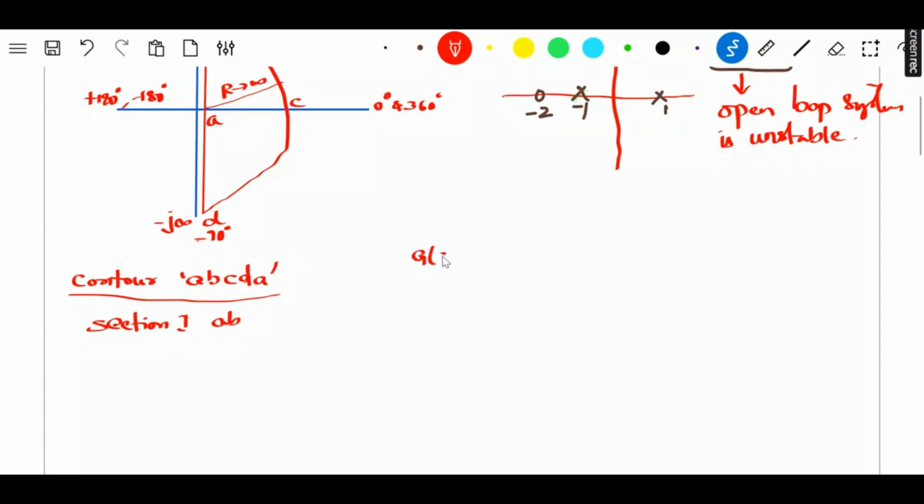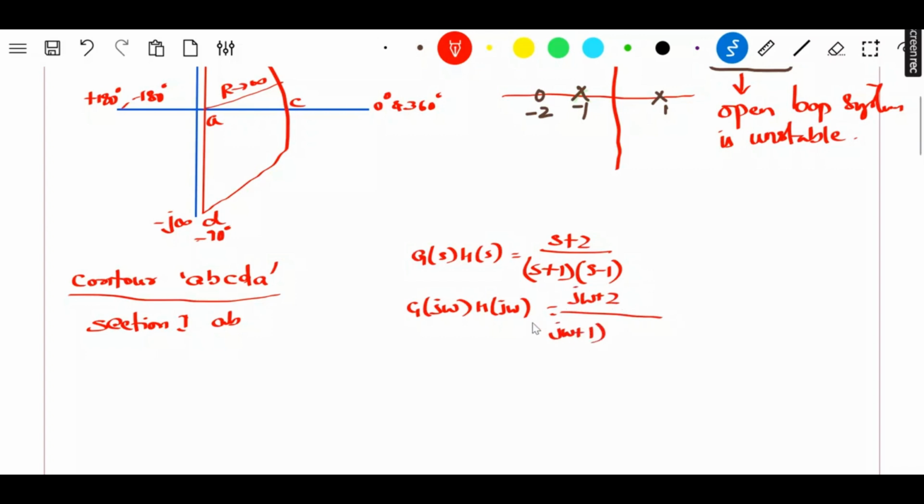For that, let us take the problem again. We have G(s)H(s) equals (s plus 2) divided by (s plus 1)(s minus 1). Put s equals j omega. So I will get G(j omega)H(j omega) equals (j omega plus 2) divided by (j omega plus 1)(j omega minus 1). We need to write this in terms of magnitude and phase.